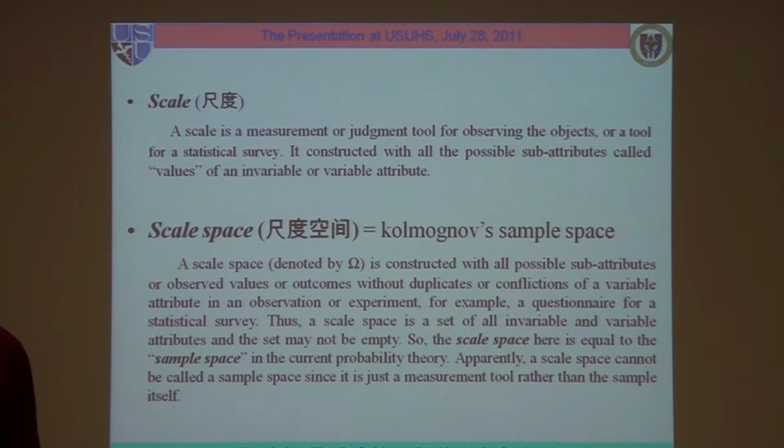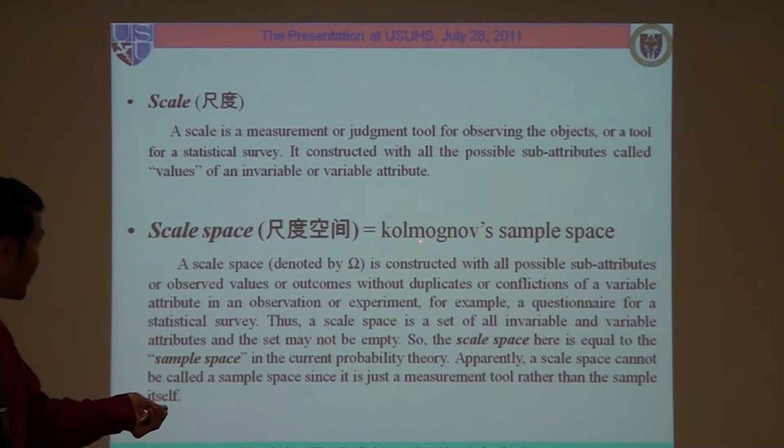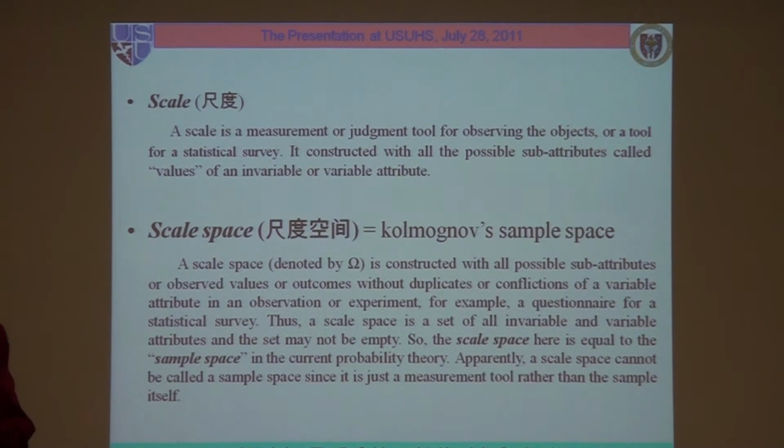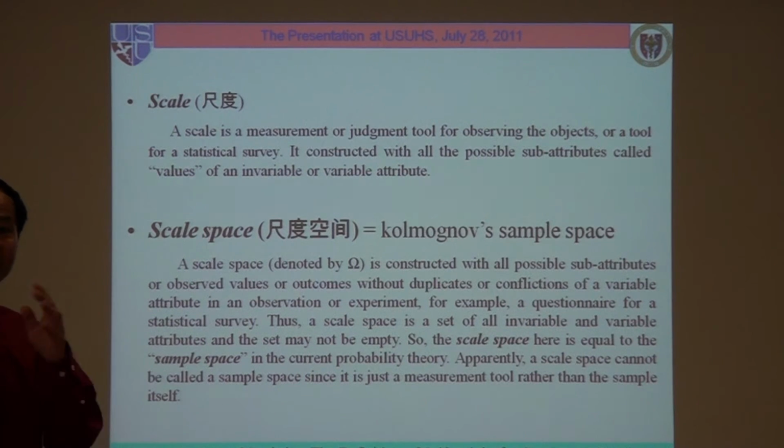Okay, and what is it that you disagree with? I don't disagree with the sample space defined by Kolmogorov. I adjusted the connotation of the sample space to scale space. Oh, okay, so you're saying since they're handled in the same way, I use a different term to replace the concept of Kolmogorov. Since the space isn't the same as the sample, you're giving them two different terms.